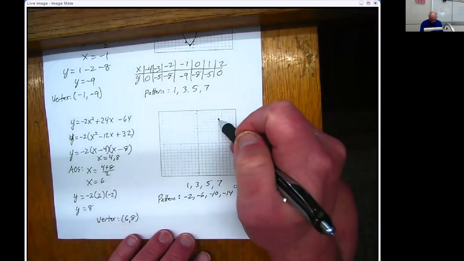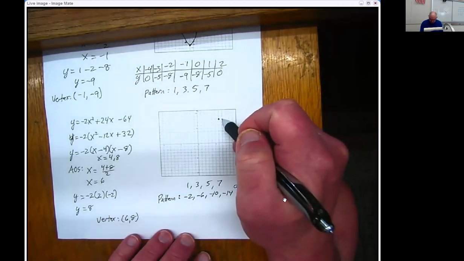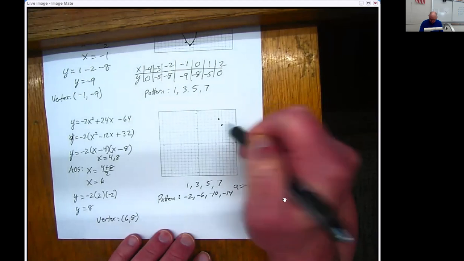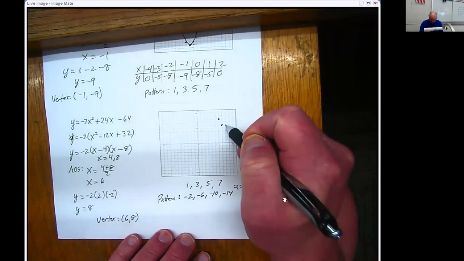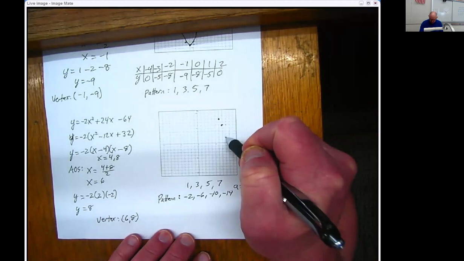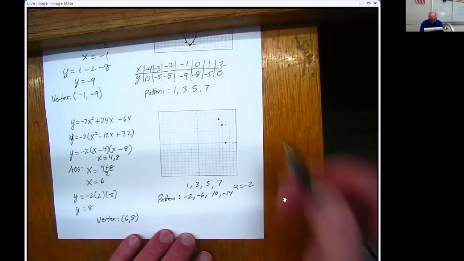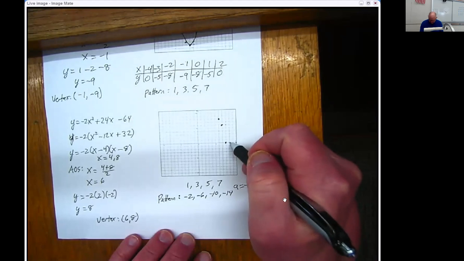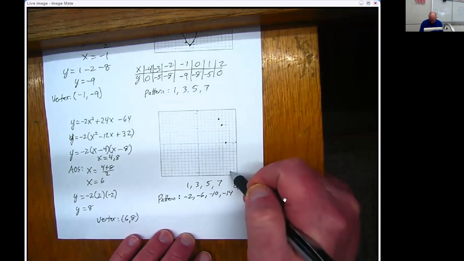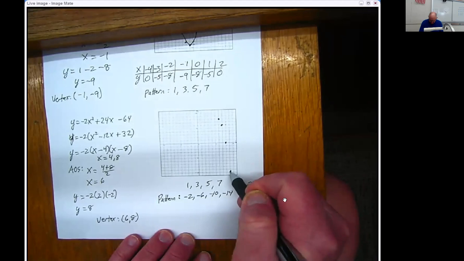So from this point, I'm going to go over 1 and then down 2. From that point, over 1, down 6. Nice, because I know that's a 0. And then from there, over 1, down 10, which takes me right here. I'm going to reflect those.